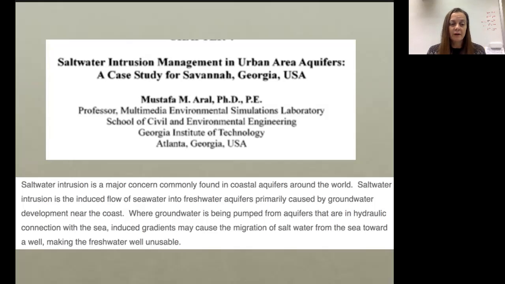We've talked about the fact that in coastal areas, so our area, Savannah, all of these areas near coasts, as aquifers are depleted, that allows saltwater intrusion. That means that saltwater is actually able to flow into our freshwater aquifers.